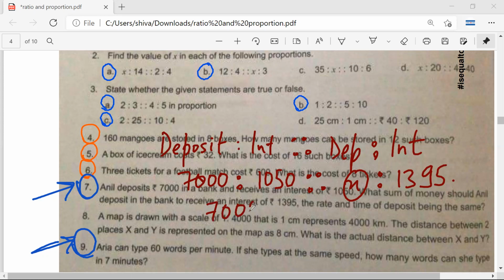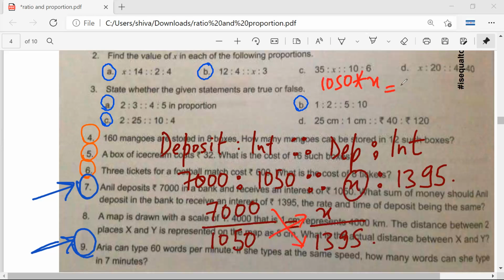Then 7,000 into 1395 is equal to 1050 into X. So then I did X is equal to 7,000 into 1395 upon 1050.